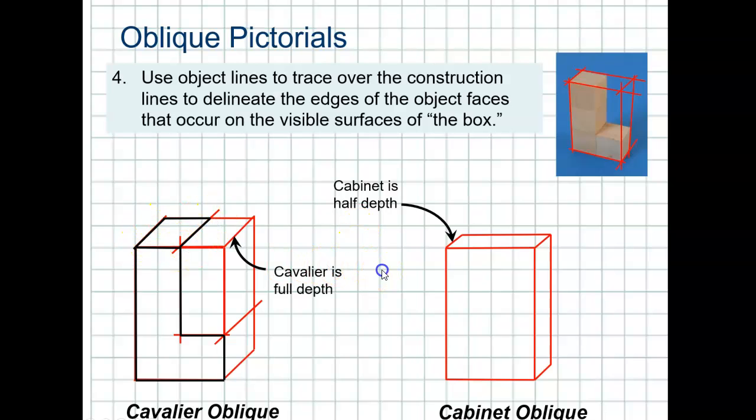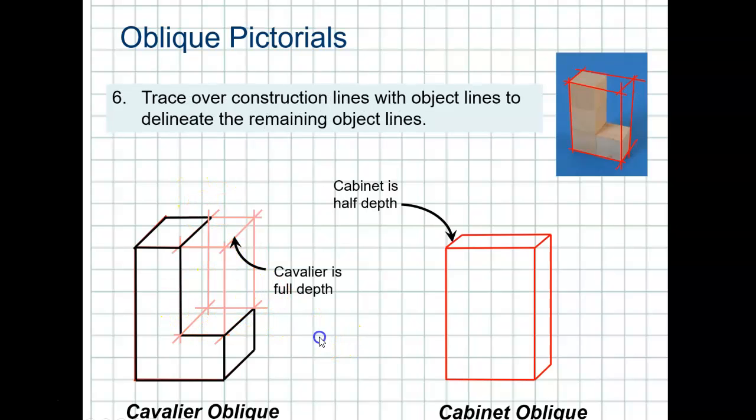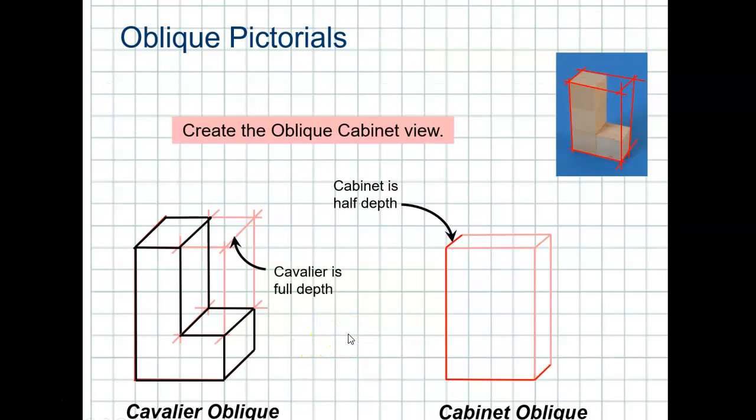Finish those lines, draw these lines, and then we're going to sketch additional construction lines to identify the edges of the object inside the box. So here we have from the corner upwards, and from here upwards, and then the horizontal line here. Those are construction lines, so make sure you draw those really lightly. And then cover those with your object lines.